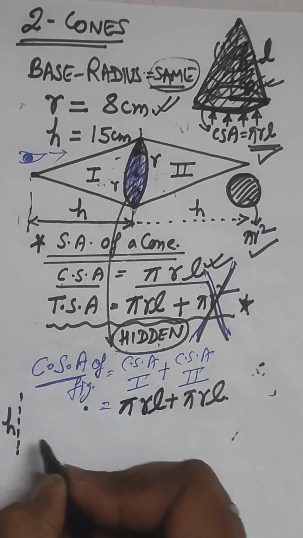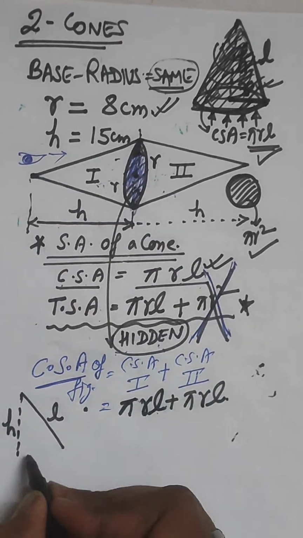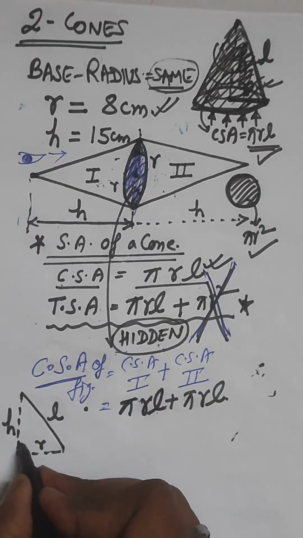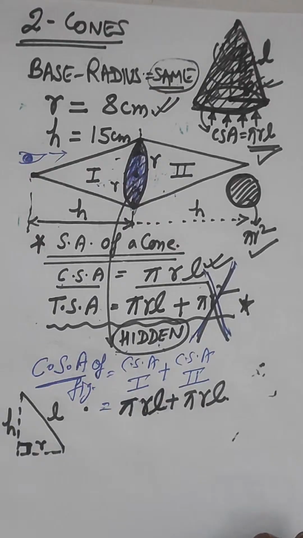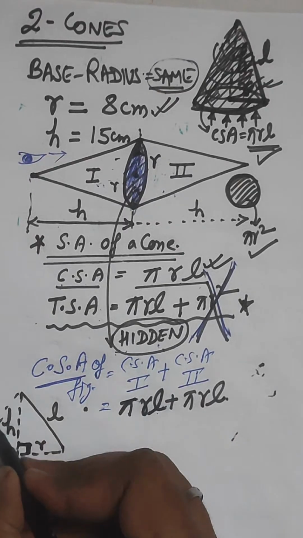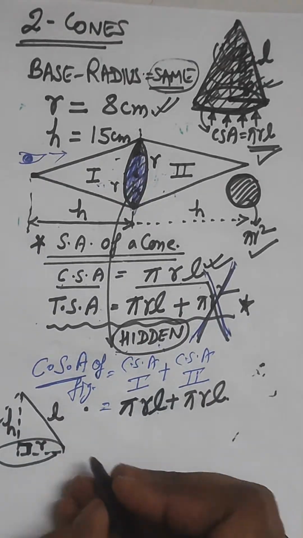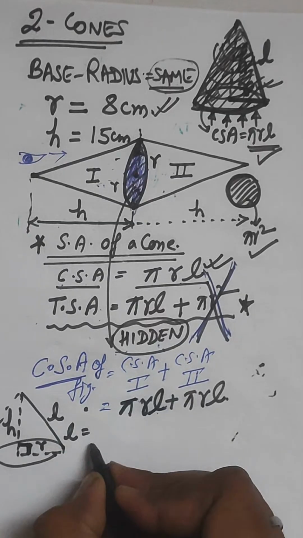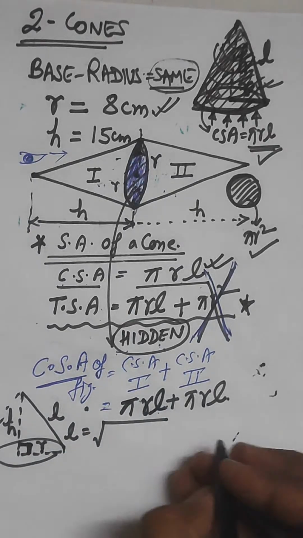If h is given to you for this cone, then this is the l if this is the base radius, right? It's a right circular cone. Anytime, unless and until it's mentioned, we always consider it a right circular cone. So in this case, the value of l is easily calculated by Pythagoras, that is root over of h square plus r square, isn't it?